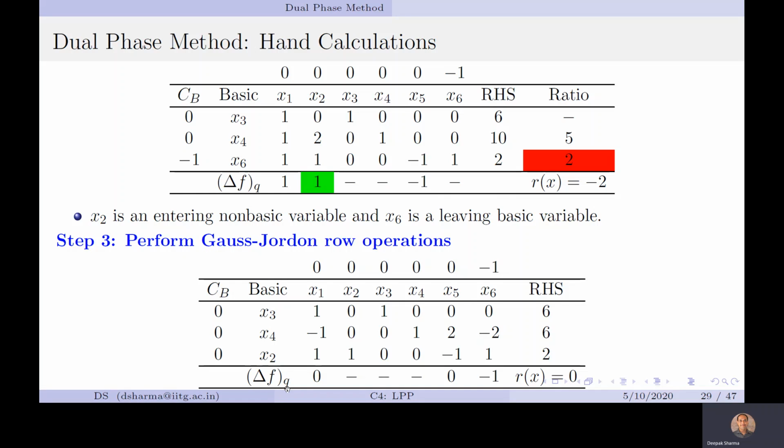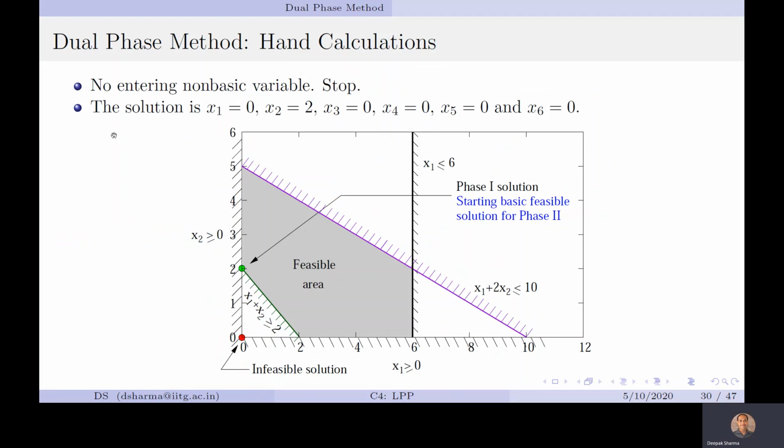Now let us find the delta FQ value for all non-basic variables. We get 0, 0, and -1. Since none is positive here, we should stop. You can also find that the value of R is 0. That is the minimum value possible for phase 1. Since there is no entering variable, we should stop here, and this is the solution.